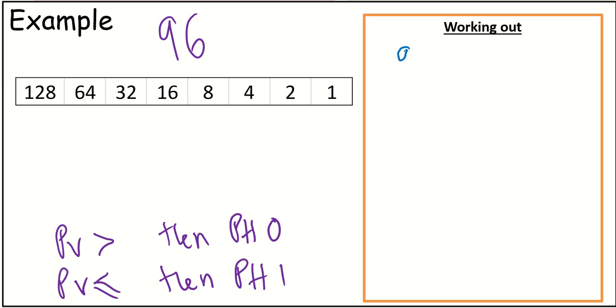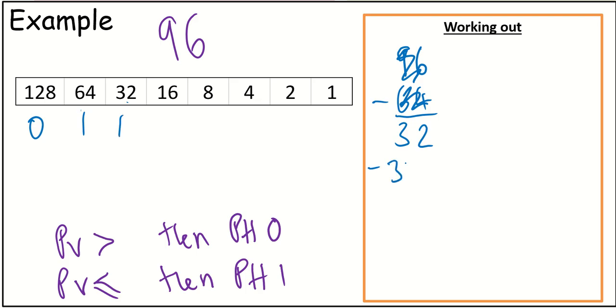Right, so we're now going to work this out, and hopefully you've worked it out, but this is how you can check. 128 is larger than 96, so 0. 64 is smaller, so it's a 1, and I'm going to subtract 64, which is going to leave me 32. 32 is the same as 32, so I'm going to put 1 underneath it, minus 32, and that leaves me with 0, so I know I can put zeros in all the rest.